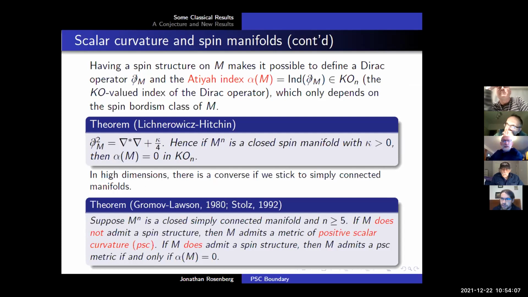Well, exotic spheres in dimension 4. Nothing's known about dimension 4 as far as whether there are exotic spheres or not. It's not known? No, it's not known. I mean, the homeomorphism classification is known, but the diffeomorphism classification we know nothing about.